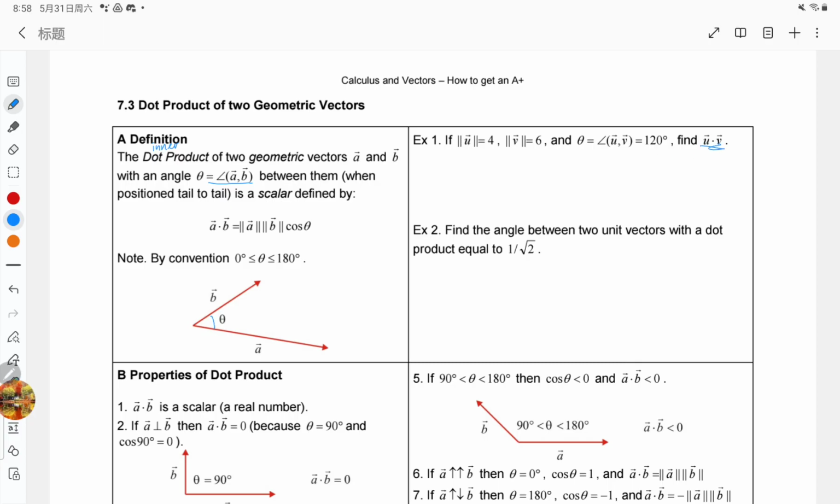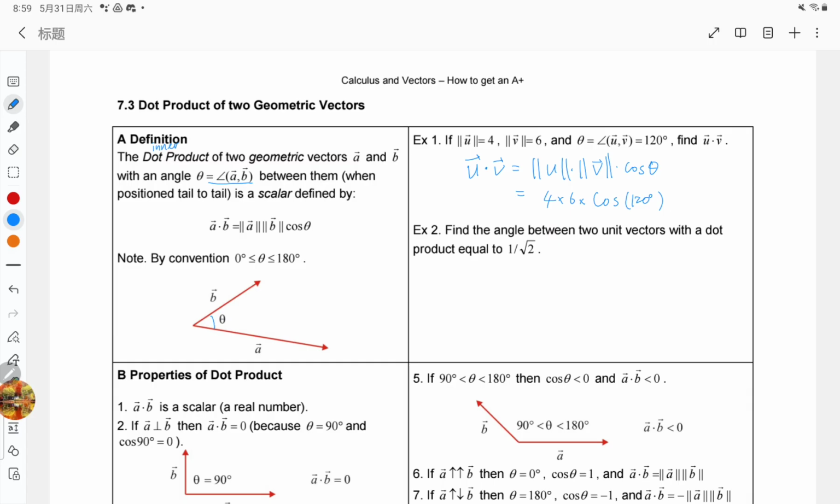Okay, so find the inner product. It's nothing but plugging in our formula, right? I didn't do much, just copied it again. And cosine 140, so the scalar dot product could be negative if our cosine is negative, okay?